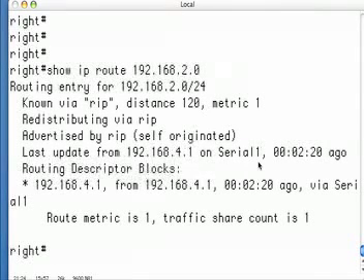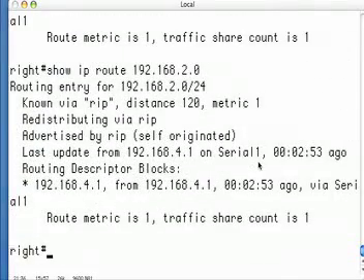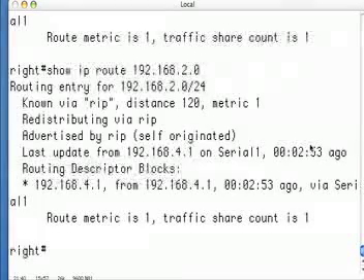And in the top router, we should be redistributing that into RIP. So it's 2 minutes and 53 seconds ago. We're almost at the 3-minute mark.